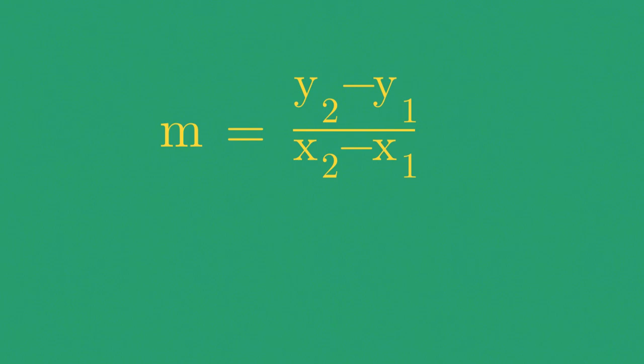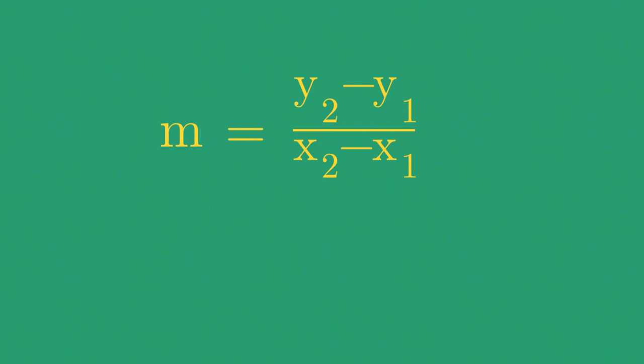And this should not be the first time you've seen this, right? Should have dealt with this before. But when you look at this formula, what I want you to see in basic terms is that on the top, you're subtracting two y values. On the bottom, you're subtracting two x values.